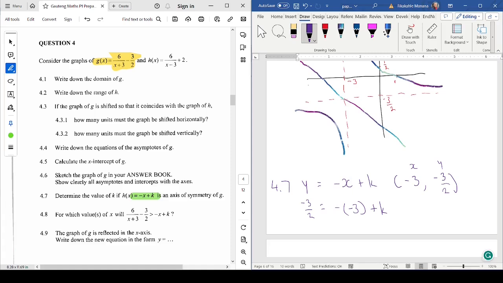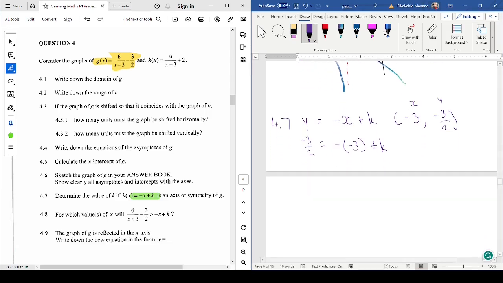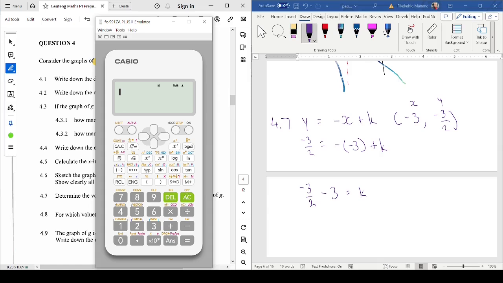So this is going to be positive all in all. I'm sure you can see that. So I'm finally going to have minus 3 over 2. If I take this to the other side, it becomes minus 3, and all of that is going to be equals to k. I don't want to waste time, so I'm just going to put it in the calculator.